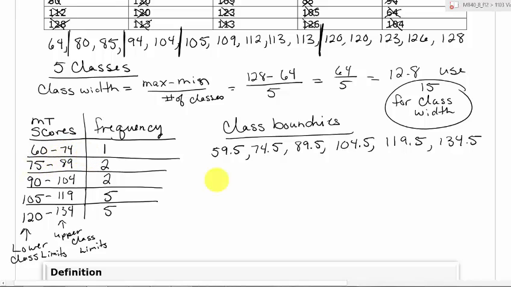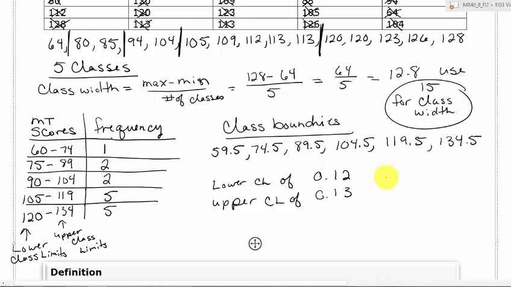If they're not whole numbers, say we had a lower class limit of 0.12 and the next upper class limit of 0.13, for instance. How would you know where the boundary point was between these two?